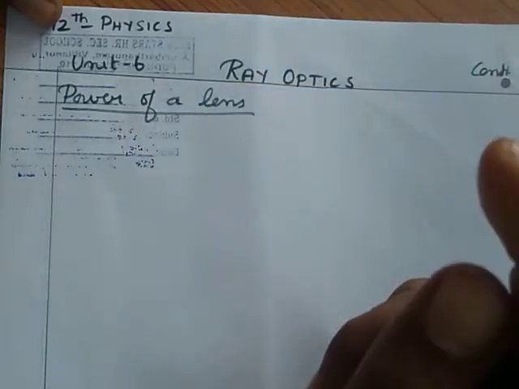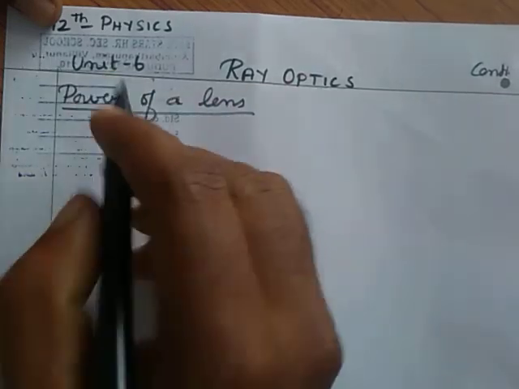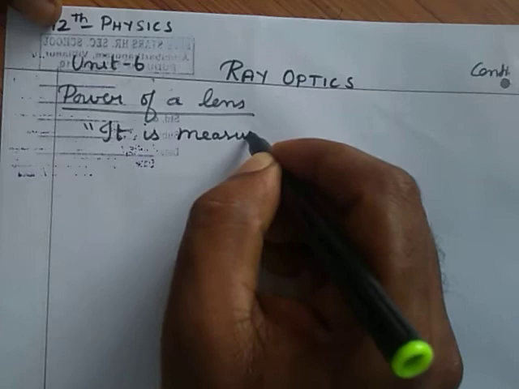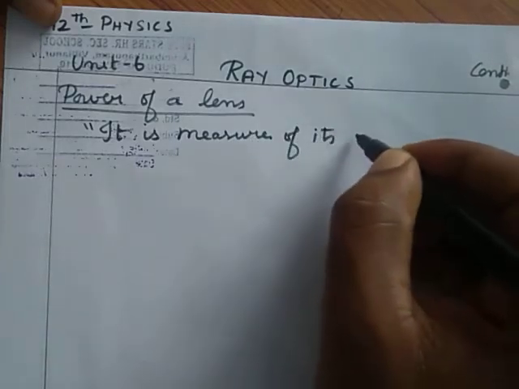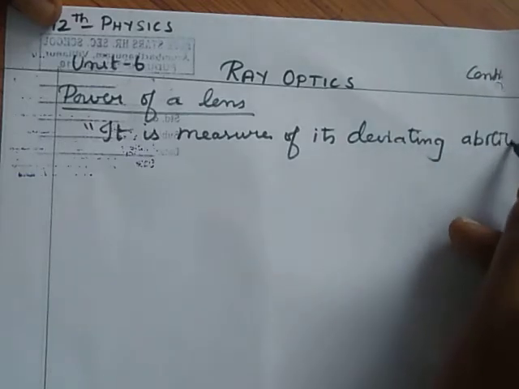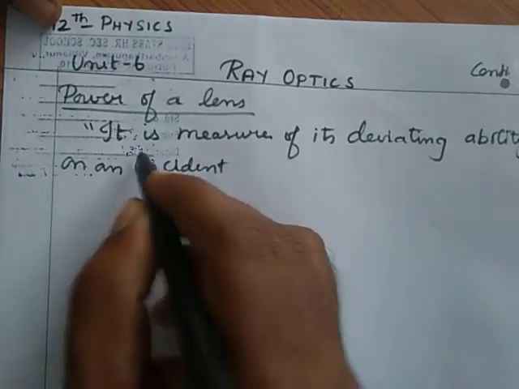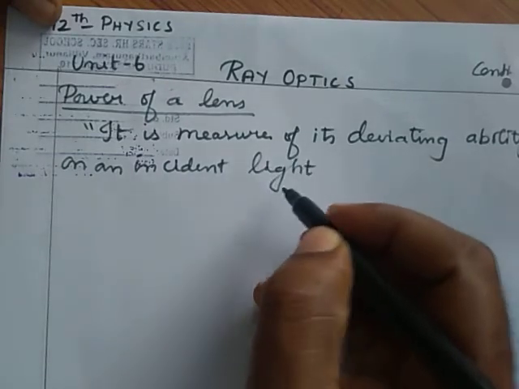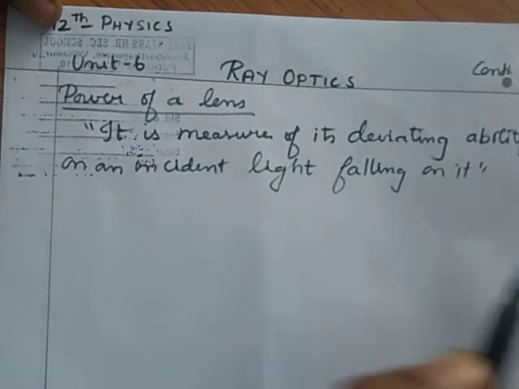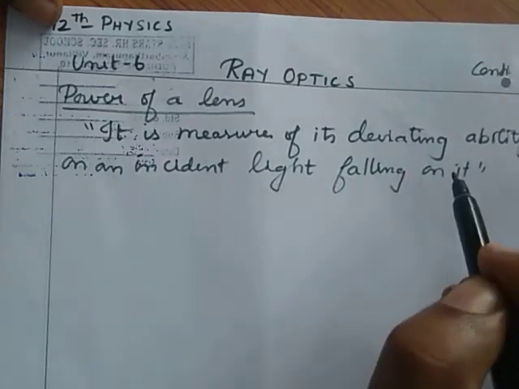We can state this as a measure of its deviating ability on the incident light falling on it. That is known as power of lens.